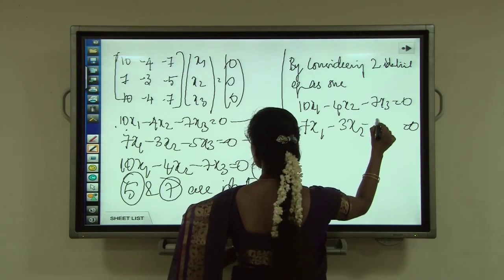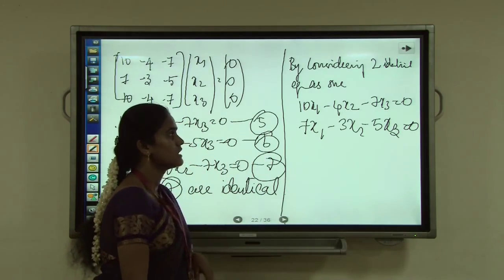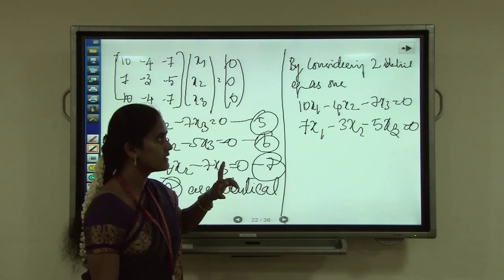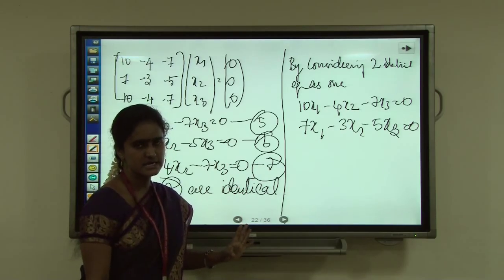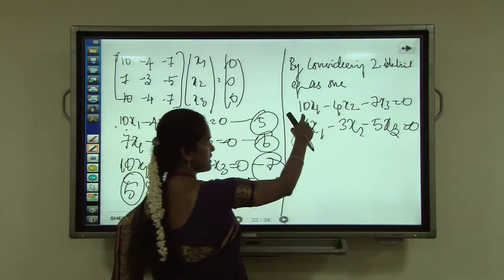Again, now we have two equations with three unknowns, and both the equations are not identical, and all three unknowns are present here.